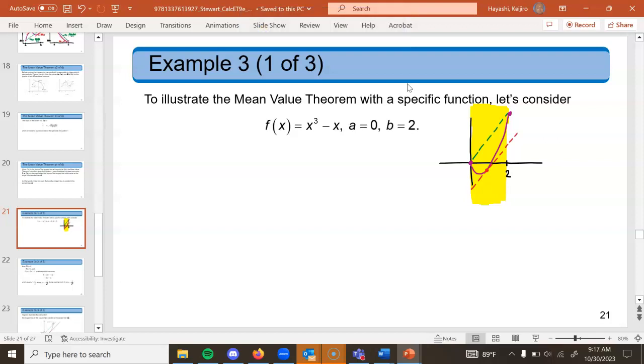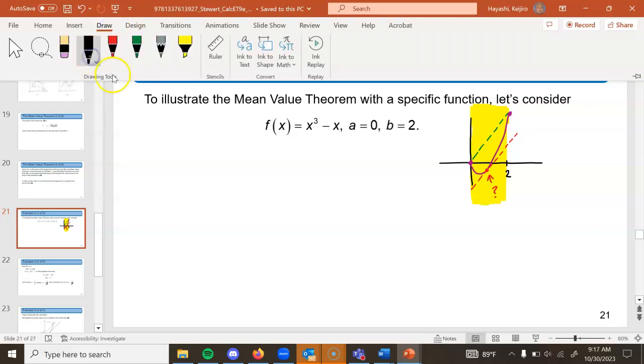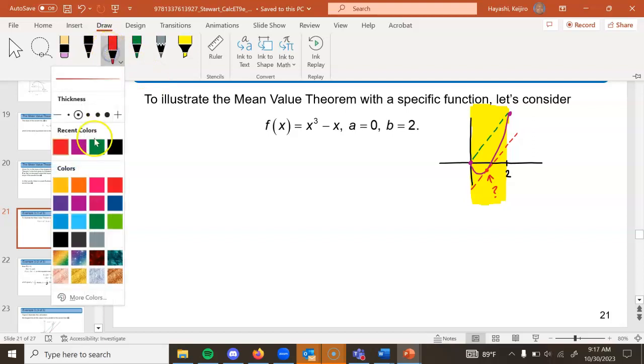The derivative is equal to the slope of that secant line. Basically, the secant line and a tangent line are parallel. But where is that? That's something we'll have to set up.